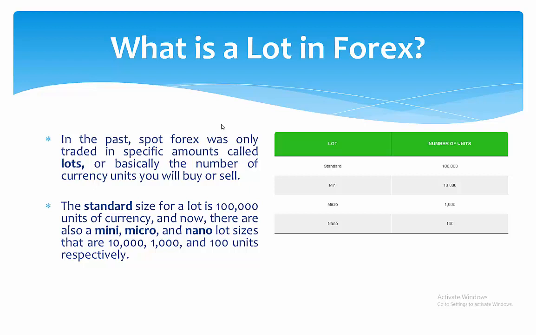The standard lot is 100,000, the mini lot size is 10,000 units, the micro lot is 1,000 units, and finally the nano lot is 100 units.